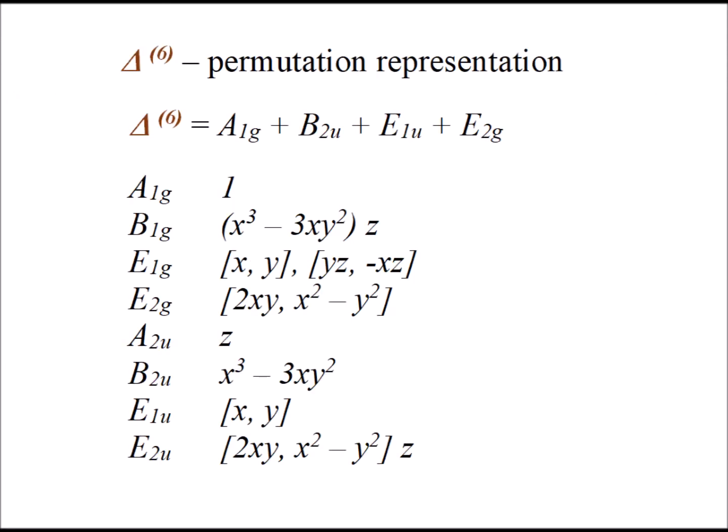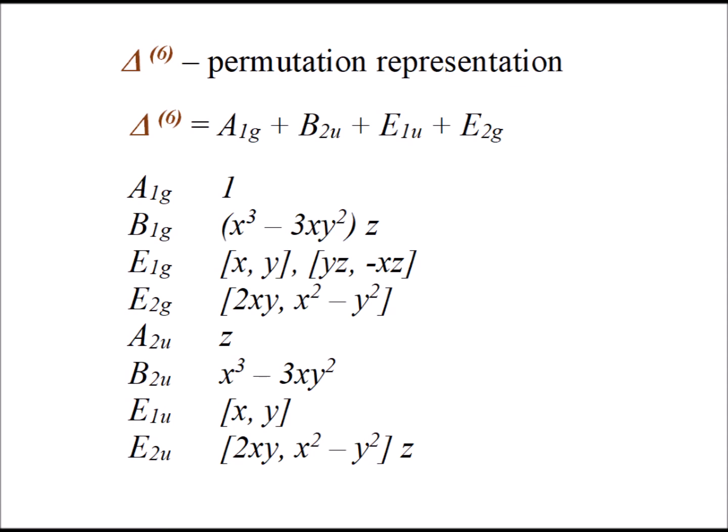We developed this Γσ permutation representation for the sigma bonding, and we look for just those particular basis functions for the irreducible representations that are not all 0. If we do that, we get to break it down into A1g, B2u, E1u, and E2g.